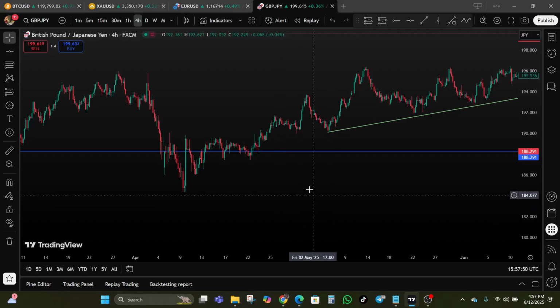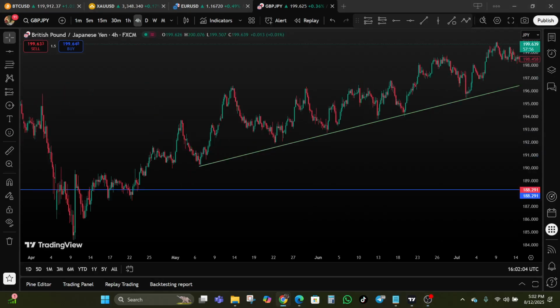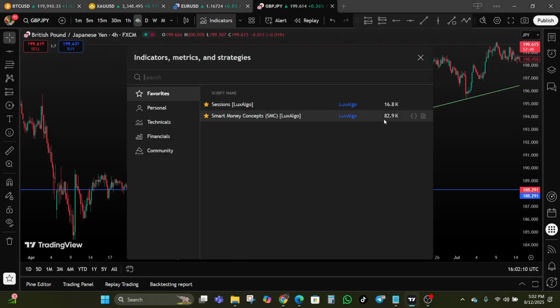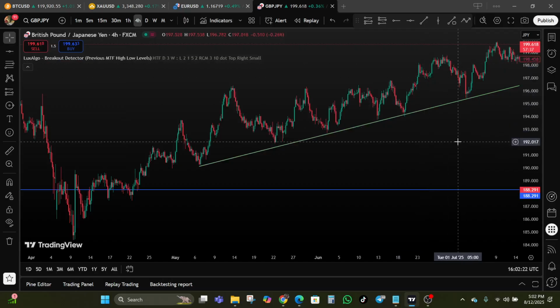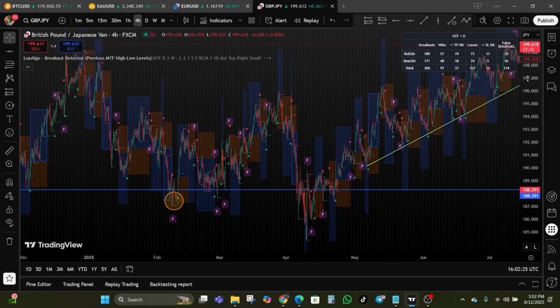Once you are on TradingView, just search for the indicator Breakout Detector. So we're just going to search for Breakout Detector. This is the indicator that we're going to be using, that is going to give us those important signals to avoid false breakouts.